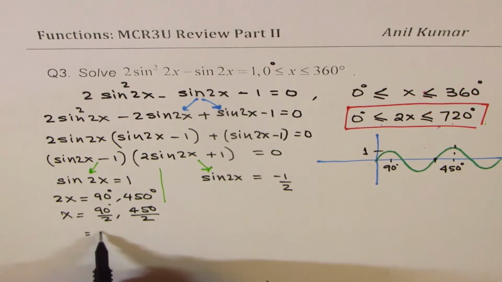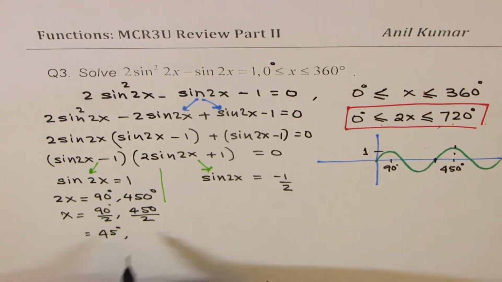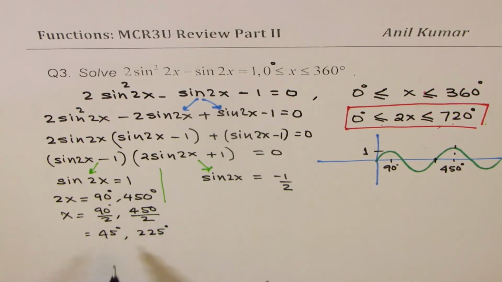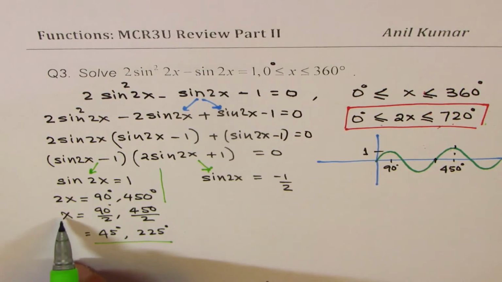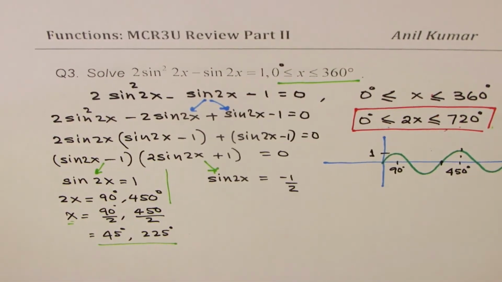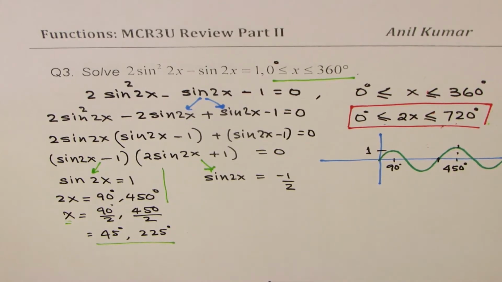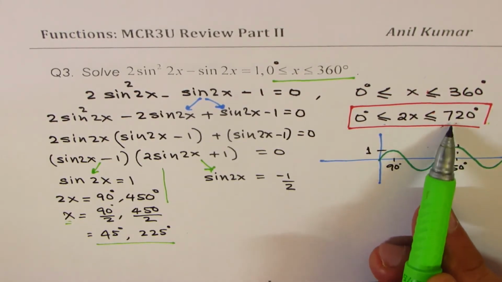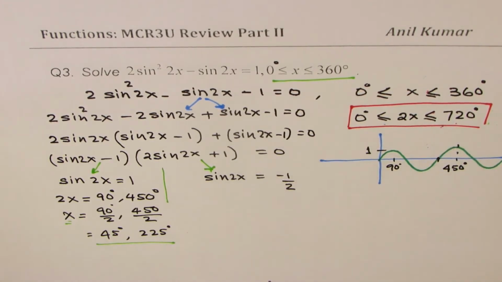And therefore, the solutions are 45 degrees and 225 degrees. As you can very clearly see, both these solutions for x are within the given domain. Perfect. So to get that solution, we have to actually consider the transformation which we did. I hope that makes sense, right?